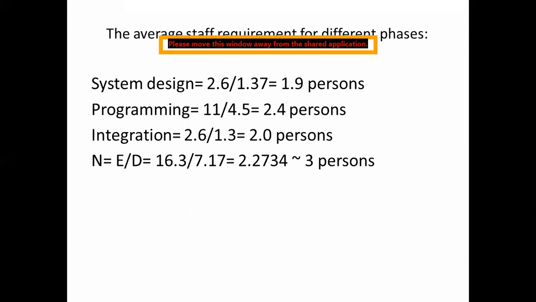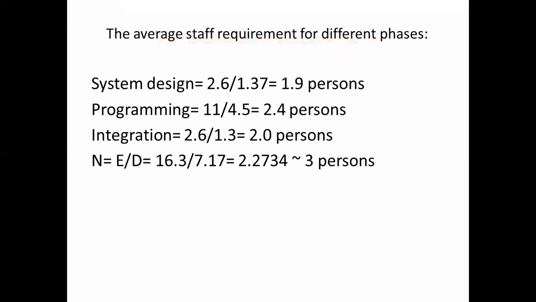Now, the last step for this is the average staff requirement for different phases. We have the 3 phases here as per the time duration: system design, programming, integration. Now we are going to calculate the number of programmers required in each phase.